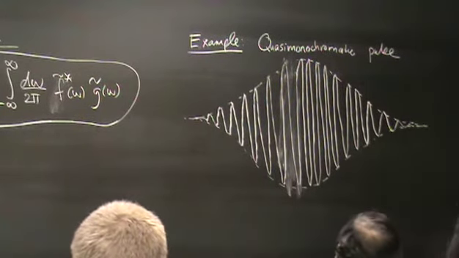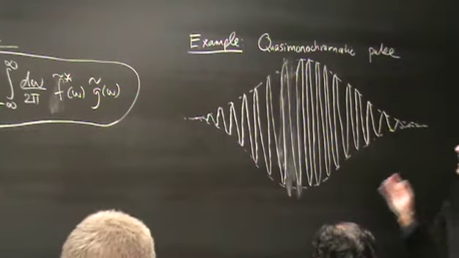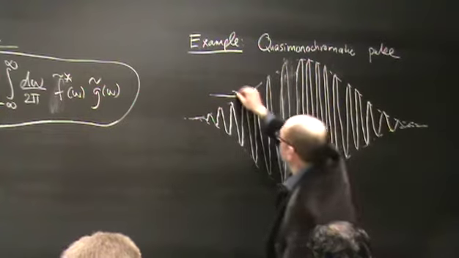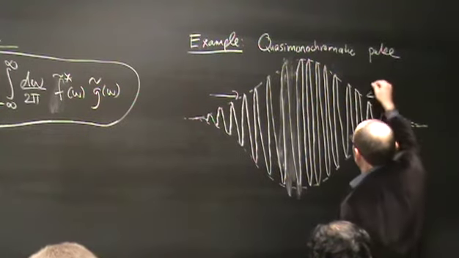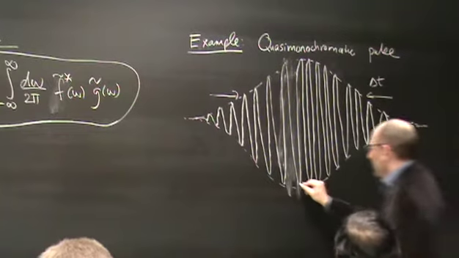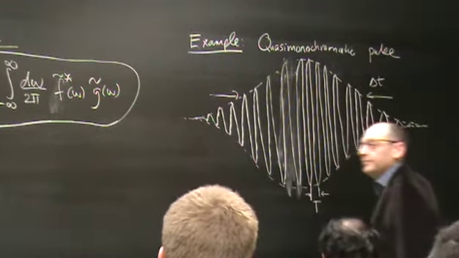What's supposed to happen is that there are many, many oscillations. This pulse has a particular width to it, delta t. Of course, there's the period of oscillation t.